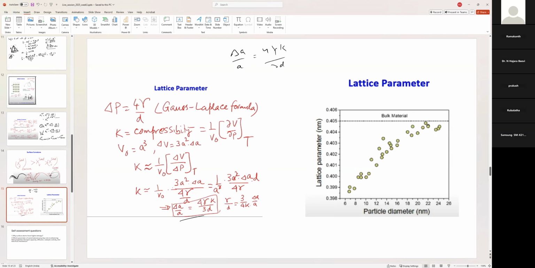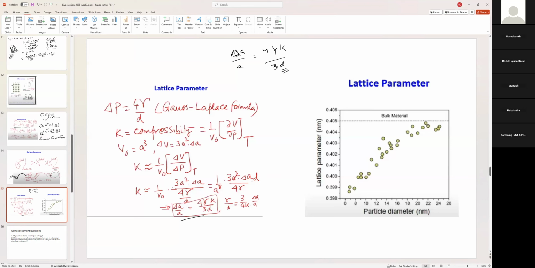So as your particle size decreases, D decreases, so your change in lattice parameter, delta A, also increases.